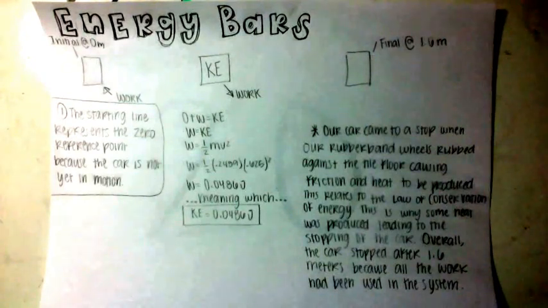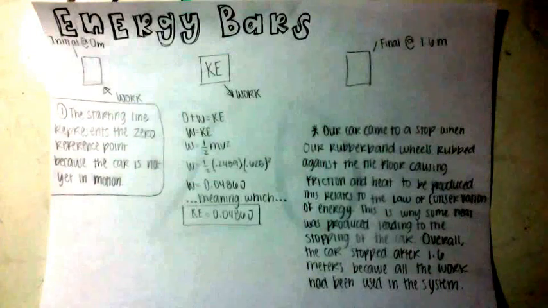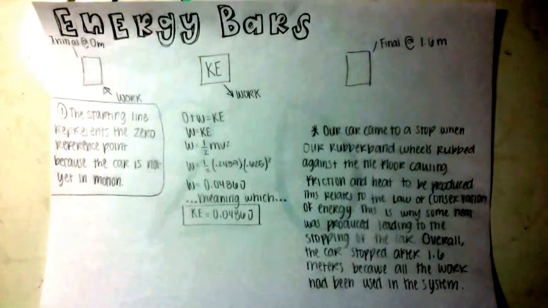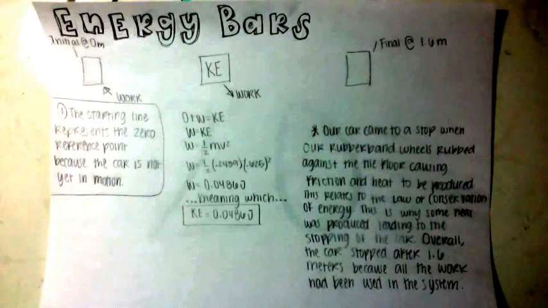So we have the equation 1/2 mv squared for kinetic energy. So again, we plug in our values, we plug in our mass and our velocity, and we solve for that, and we get our work is 0.0486 joules. And because we have work equals KE, since the work equals that, it also equals the kinetic energy. So our kinetic energy is the exact same.